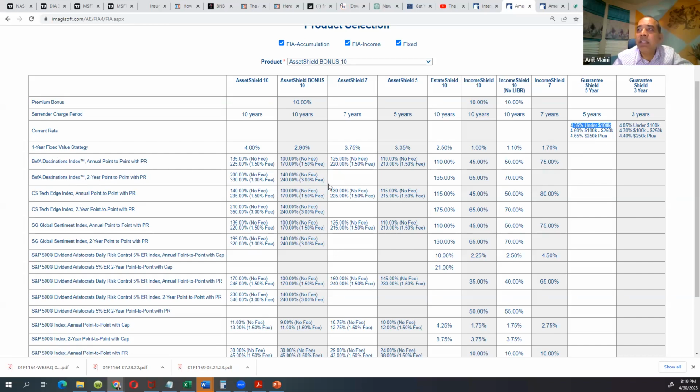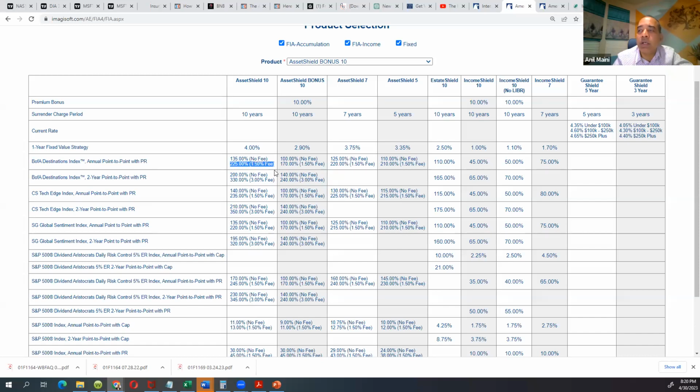Now, the main idea that we sell is the fixed index strategy. In the fixed index strategy, this is really good. You see that Bank of America, for example, the Bank of America index participation rate with no fee is 135%. And if the client gives a 1.5% fee per year, then the participation rate will be 225%.